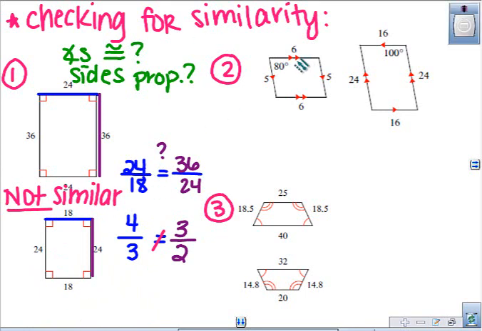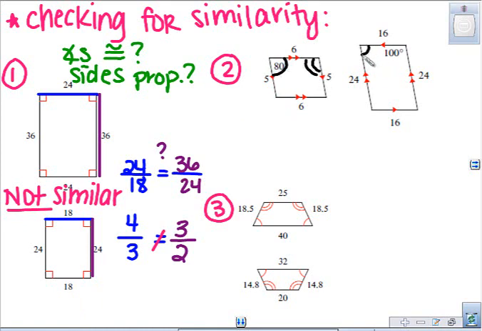Let's first check the angles. In a parallelogram, these are parallelograms, you need to remember that consecutive angles, the angles that are next to each other, will add to 180. They're supplementary. So if we look at where the shorter side and longer side meet at the acute angle, that would correspond over here to this.